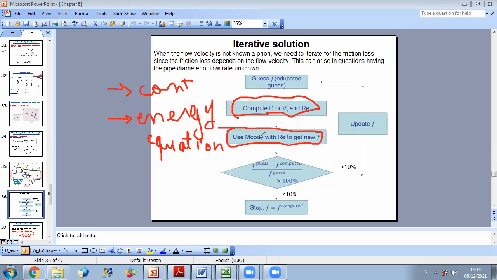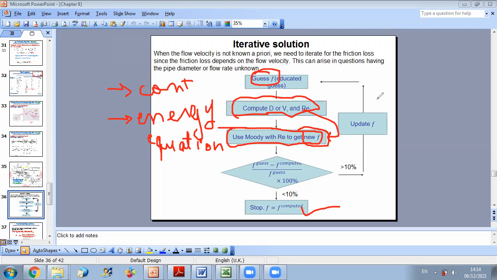When you use Moody, you can get the friction factor. The new friction factor you get should be compared with the guess you made. If the difference is lower than 10%, you can stop. My solution is converged. If not, we should repeat.